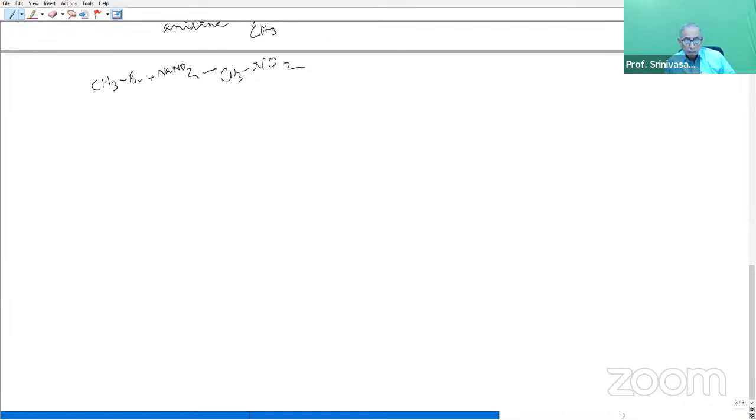Sodium nitrite is reacted with methyl bromide. This needs a suitable solvent where NO2 minus will become, this is the nucleophile.